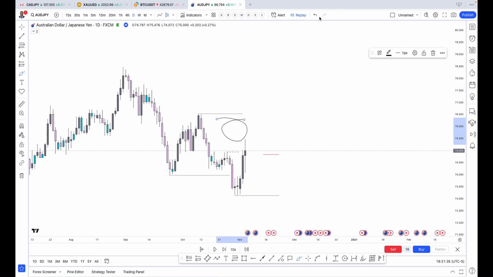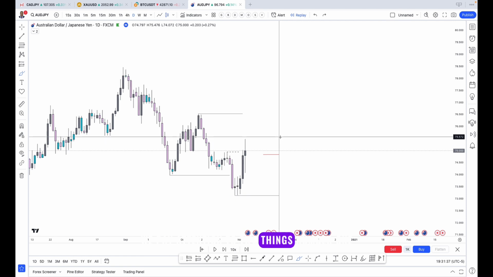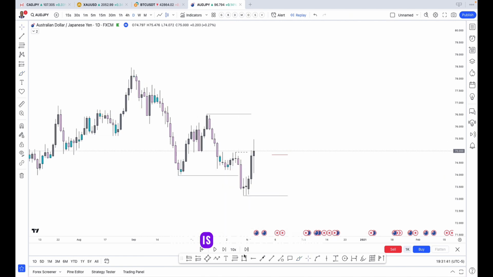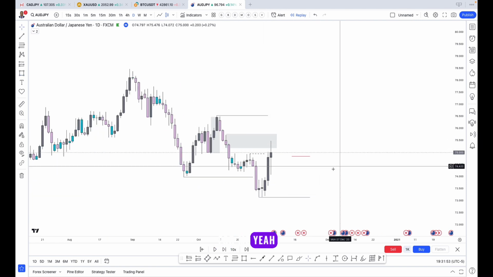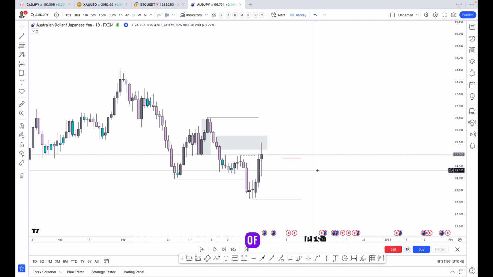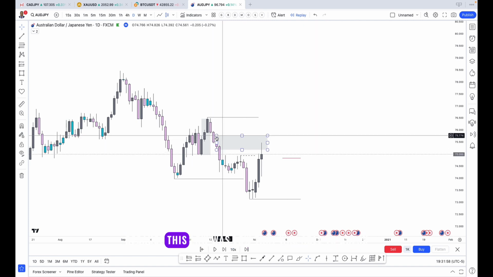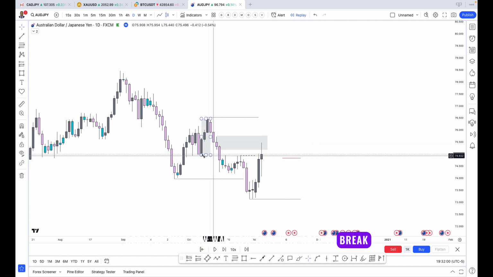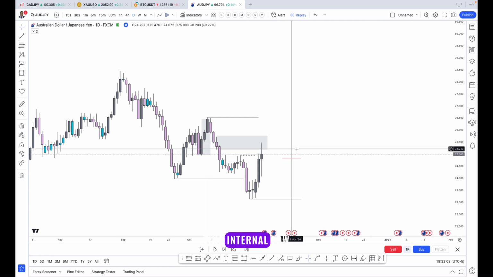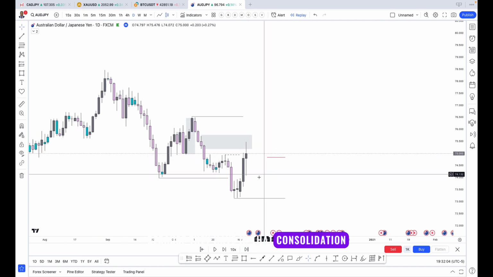What do we pay attention to? Two things. Number one, where is our supply or demand? This is a whole supply for me, and this is also a strong supply for me. Why? There are a lot of confluences to that, because this low was a low that was able to break this internal low because they're having that consolidation.